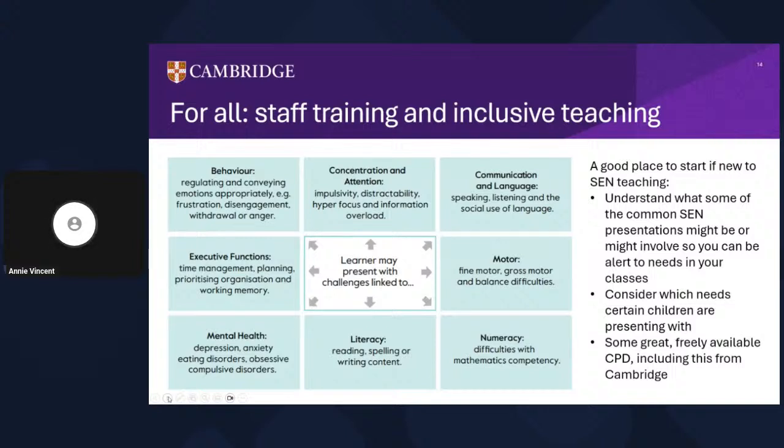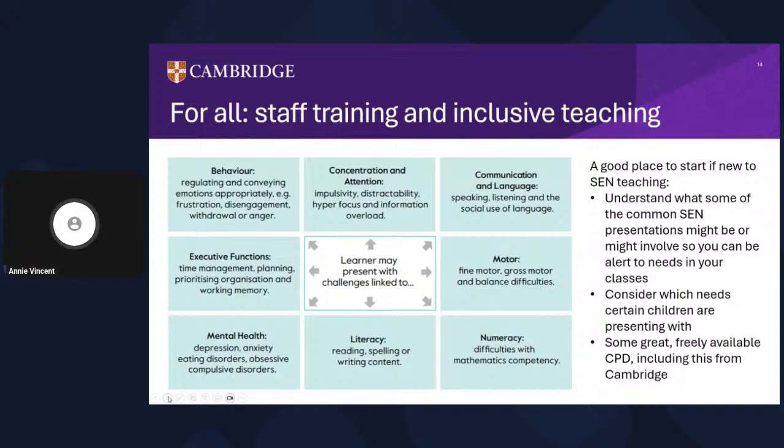And we can use this as a list to ask ourselves what we're seeing in our students, what we're seeing behaviourally, what we're observing about their concentration and attention, how their executive functions are manifesting, what their literacy and numeracy is like. And we could spend some time asking ourselves what we're seeing across our classes and consider the impact that they're having on learners. We're taking a massive step forward to being consciously inclusive, I think.